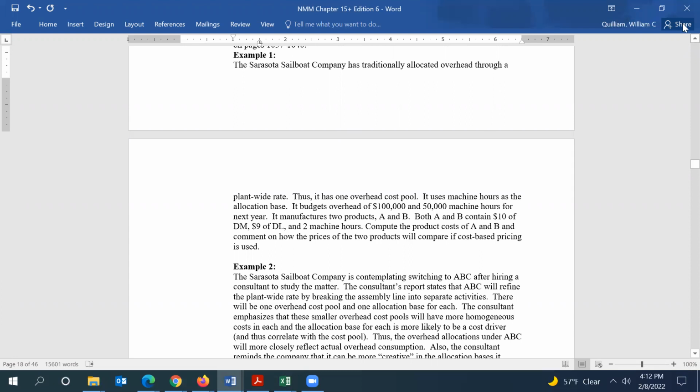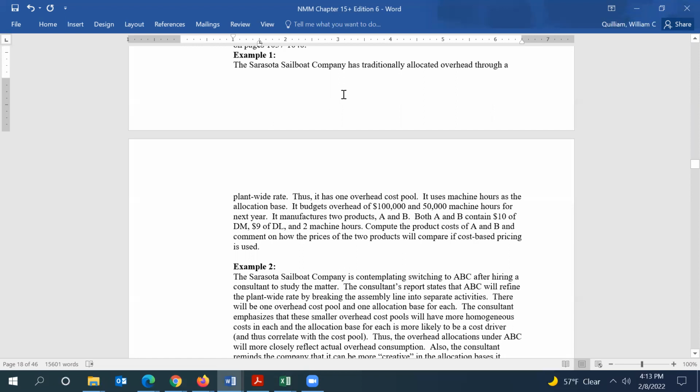So just to show you a simplified example of what that would look like in the book, we'll be taking a look at example 1 and example 2 in just a few minutes. I'd like to show you something from these first.